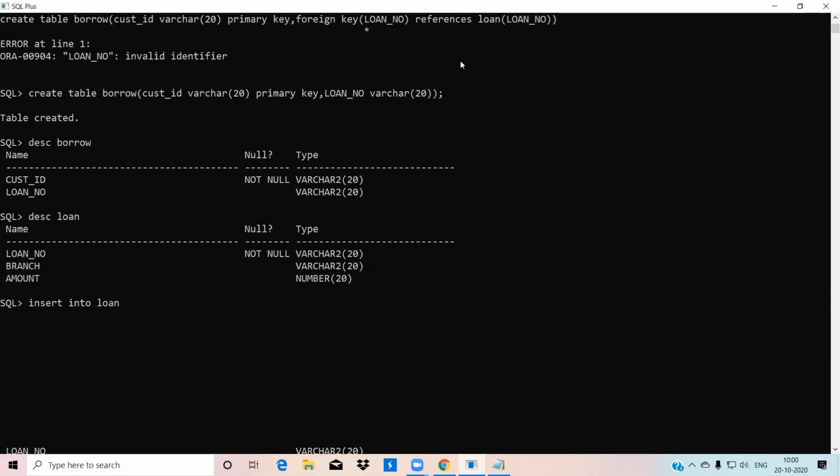Insert into loan values: first is L1, and it has a branch called B1, and an amount of 1K.